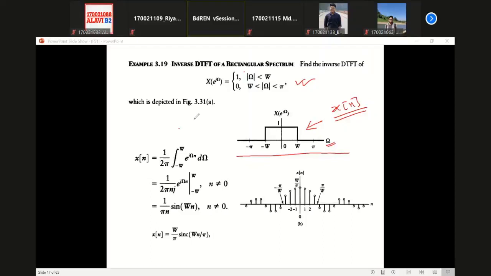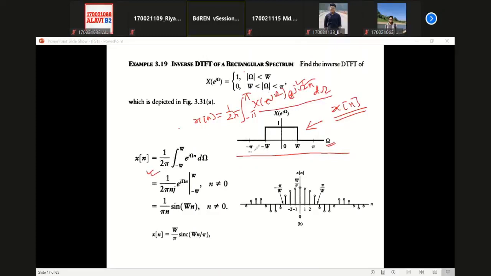We know that x[n] would be equal to 1 divided by twice pi, integration from minus pi to pi, X(e to the power j capital omega) e to the power j capital omega n d capital omega. That integration we have to evaluate.